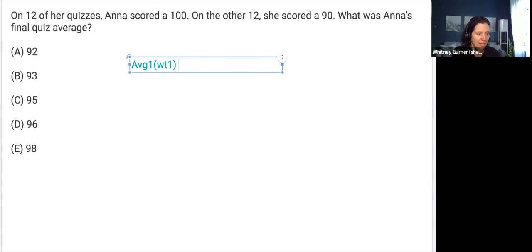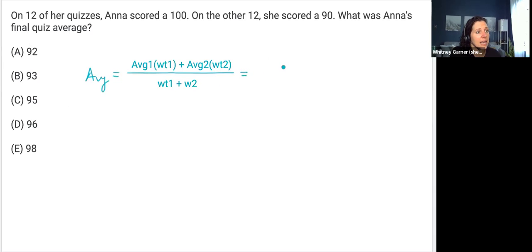I would then add that to the average of my second group or second category, multiplied times the weight of that average. And then I would divide this whole thing by the sum of all of those weights. In essence, if we think about the average for a whole group, this is the same as the total sum divided by the total number of terms.